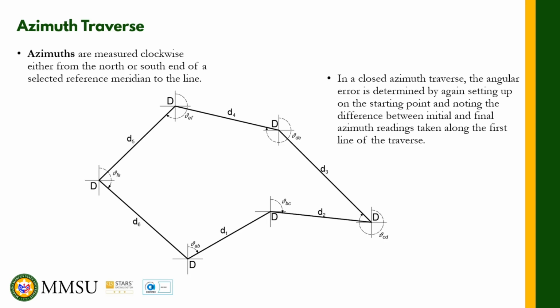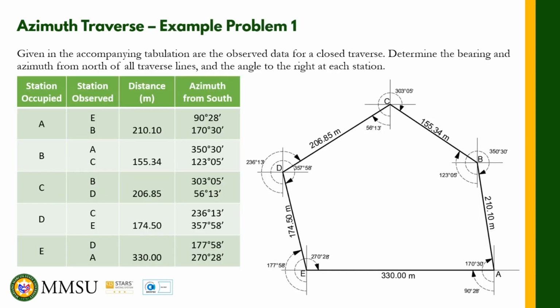To illustrate the azimuth traverse, let us do some calculations here. Given in the accompanying tabulation are the observed data for a closed traverse. Determine the bearing and azimuth from north of all traverse lines and the angle to the right at each station. So bearing, you already know what bearing is. So we are going to solve for the bearing of all these lines.